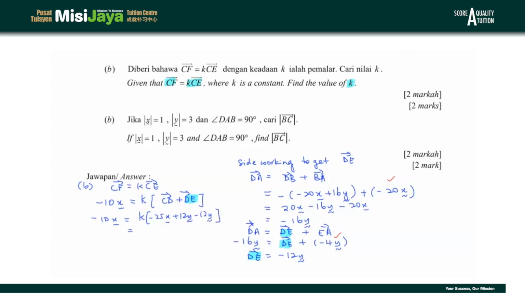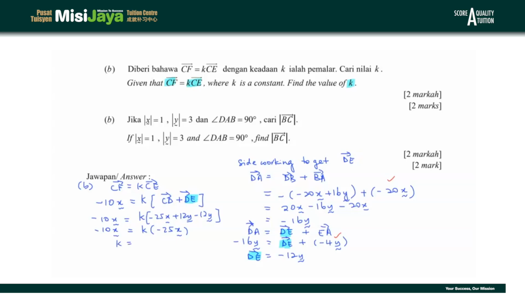Okay, so let's solve inside the square bracket. Positive 12y minus 12y, you get 0, right? So you only have negative 25x inside the bracket. So negative 10x equals k times negative 25x, and then we need to find what k is.